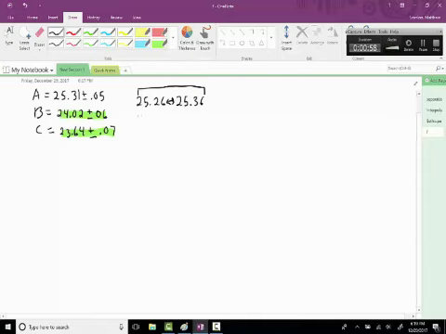Same with this one, 24.02 would give us 23.96 to 24.08, and we again would expect, 95% of the time when we make a measurement, to fall between these two numbers. That's what the 0.06, the 0.07, and the 0.05 mean.